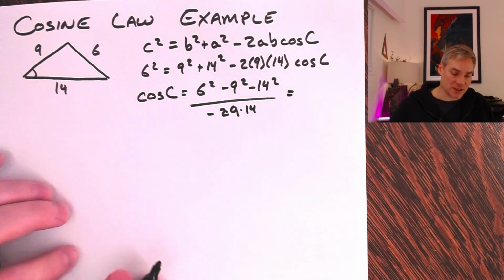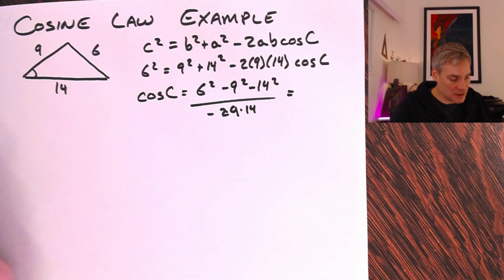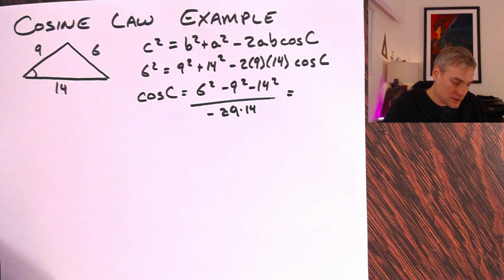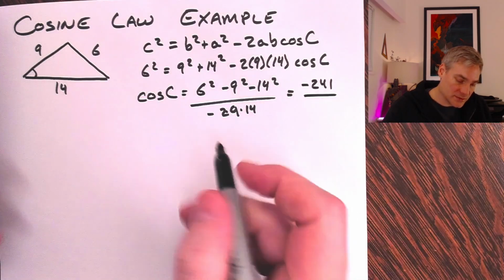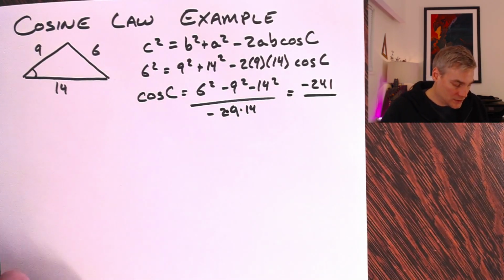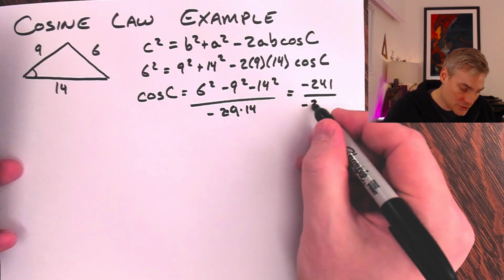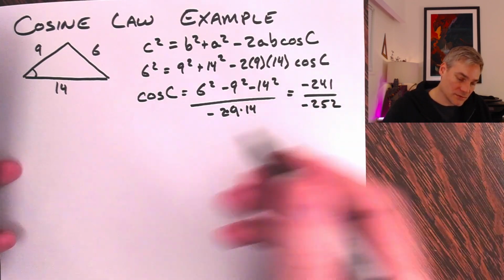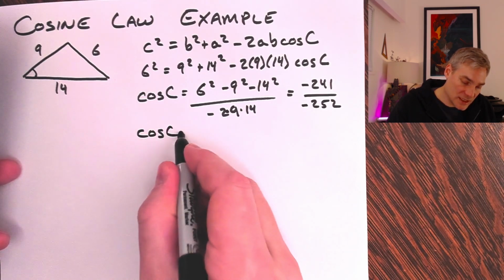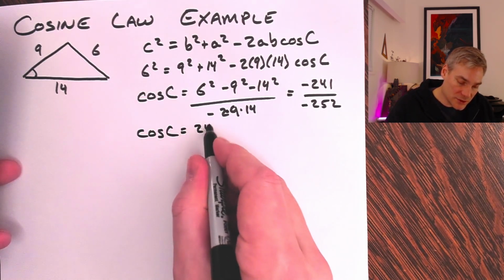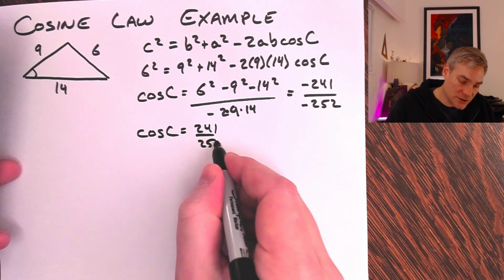Now if we punch all those numbers in, that's 36 minus 81 minus 196, which is negative 241, all over 2 times 9 times 14, which is negative 252. So the cos C equals 241 over 252.